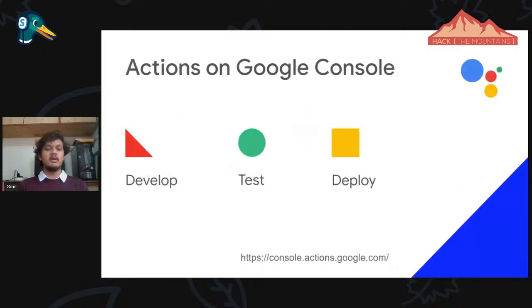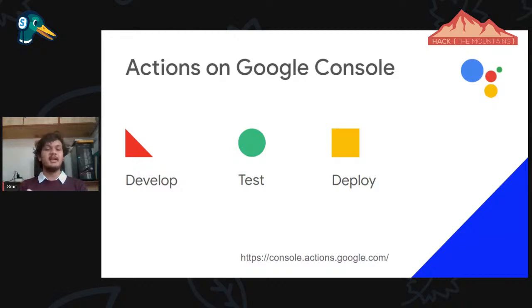Now we'll see the Actions on Google Console. This is the place where you can develop your console, test your chatbot by giving multiple inputs, and later deploy your chatbot.